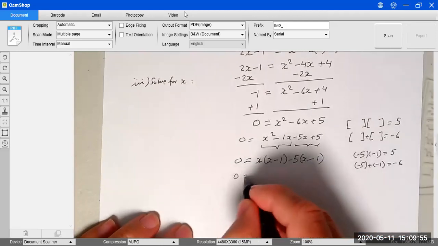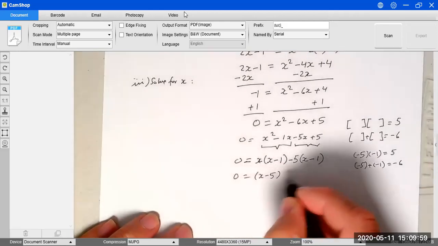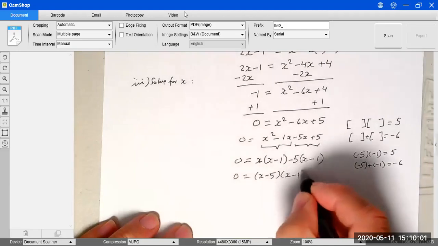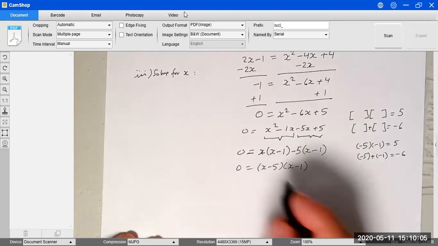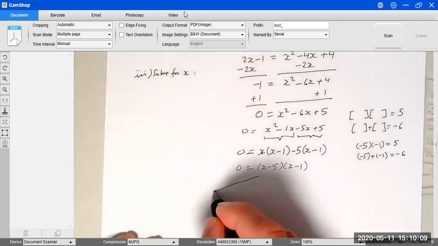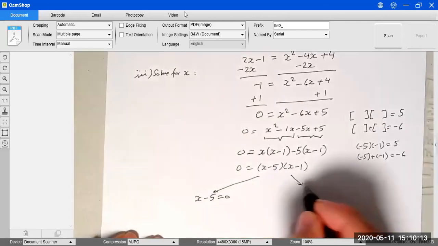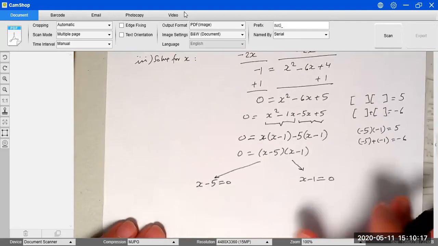So at the end you get x minus 5 is one factor and x minus 1 is the other factor. Then the final solution is going to be obtained by solving these two equations. I have one equation to be x minus 5 equal to 0. The other equation is going to be x minus 1 equal to 0.